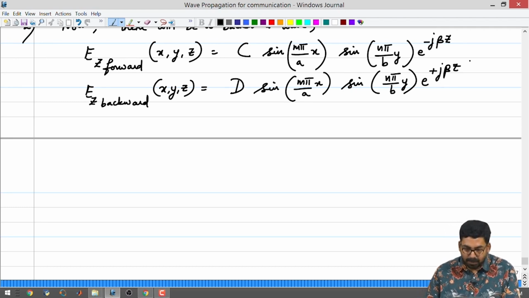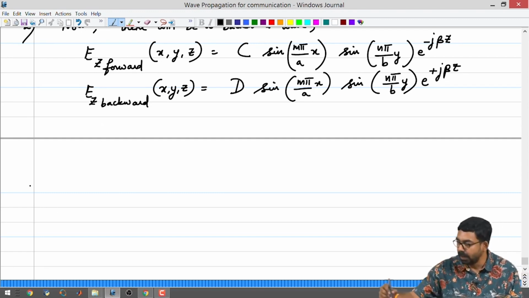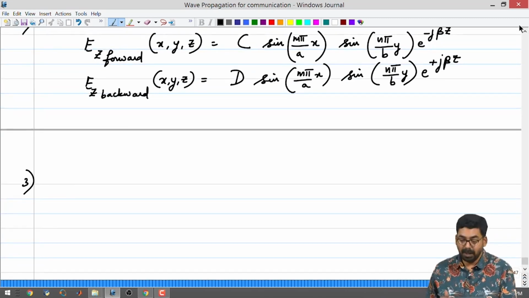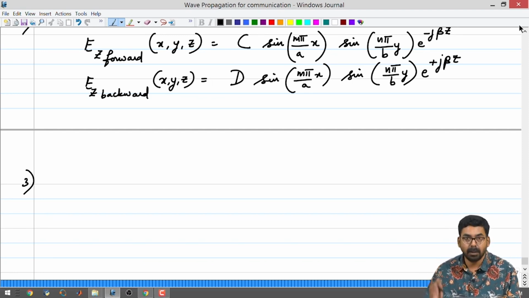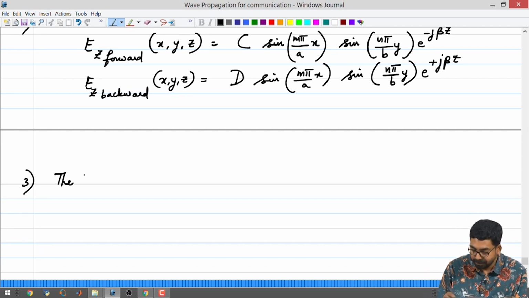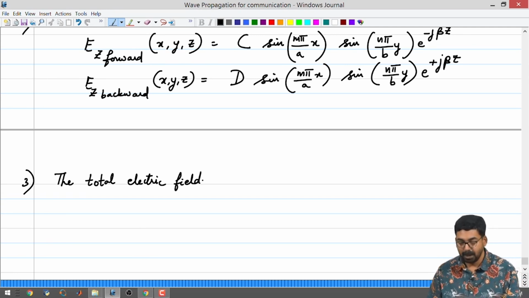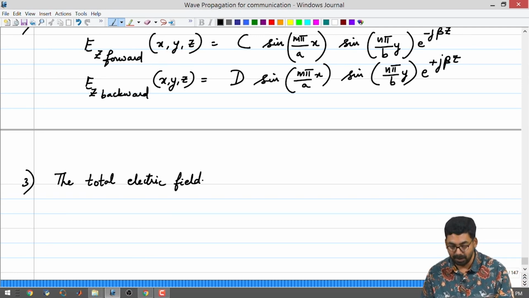Now, one of the things that we can talk about when we have a forward and backward wave is the total electric field. Now that we have the expression for a forward travelling wave and the backward travelling wave in this structure, we can always look at the total electric field. We can write down the total electric field to be a superposition of the forward and the backward electric fields.